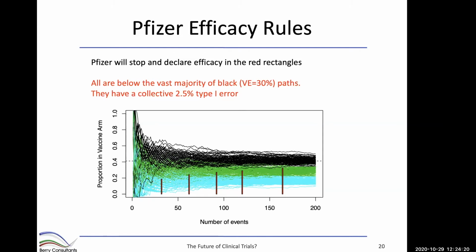If they're talking about a vaccine that's at 30%, which is not desirable, then these black curves don't get into these red regions. There's only a 2.5% chance that a black curve would hit any of them. So they get the same kind of error control in their trial that you would if you just went out and made one look late. So that 2.5% is maintained here.